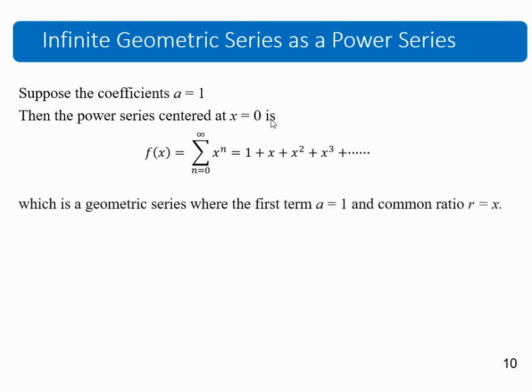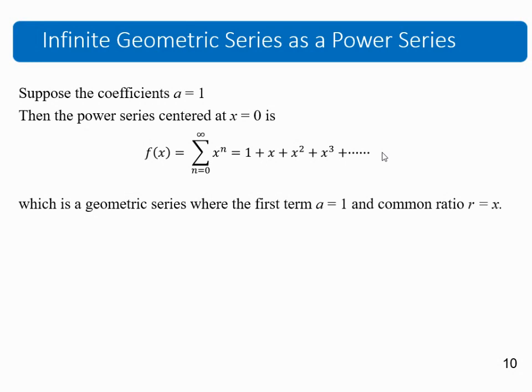So if you have that, you will have this power series where f of x is equal to, so your an is 1 right there, and it's centered at 0, so you're left with just this expression x to the n. And when you expand that series, you get this sum.